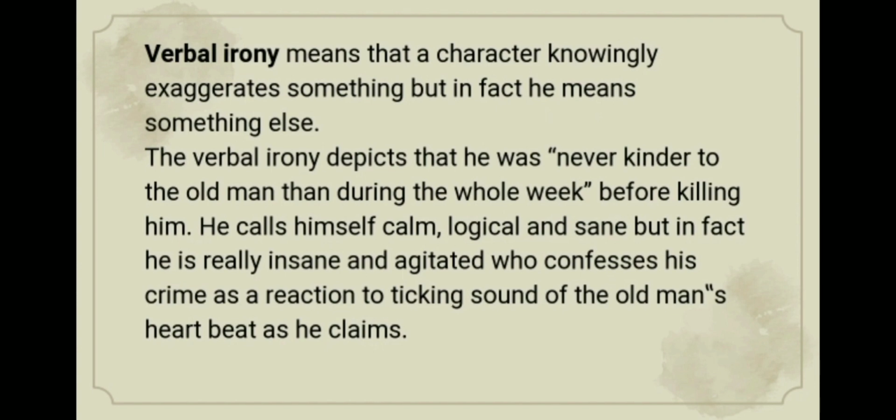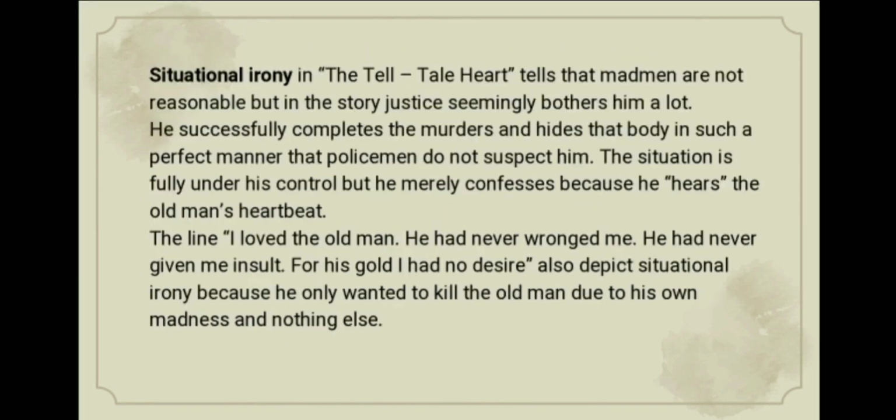Next we have situational irony. Situational irony in The Tell-Tale Heart tells that madmen are not reasonable, but in the story justice seemingly bothers him a lot. He successfully completes the murder and hides the body in such a perfect manner that the policemen do not suspect him.